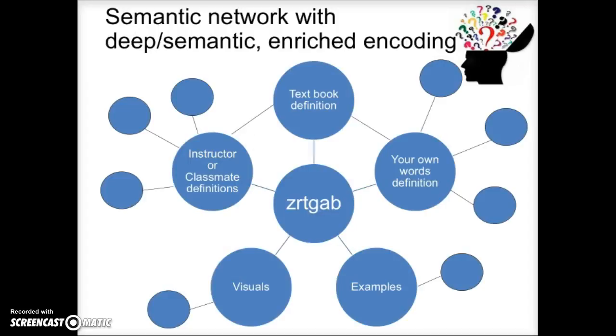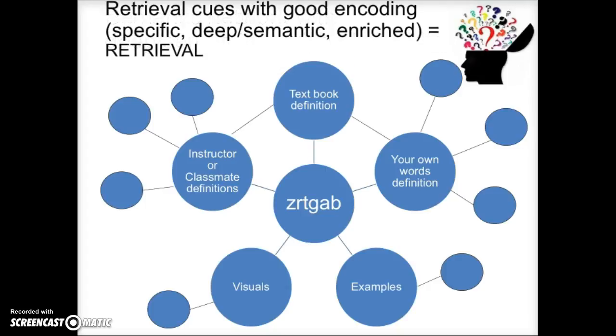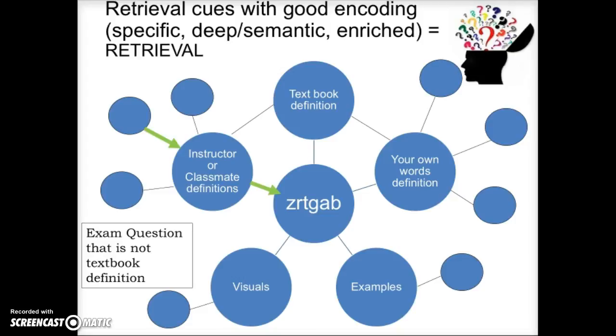So let's look at how that same question would look if you had a well-encoded, deep semantic enriched encoding. Here we have our exam question, same question as before. And what we find is that if we've built this really rich code, we have multiple pathways we can travel to get to that correct answer.